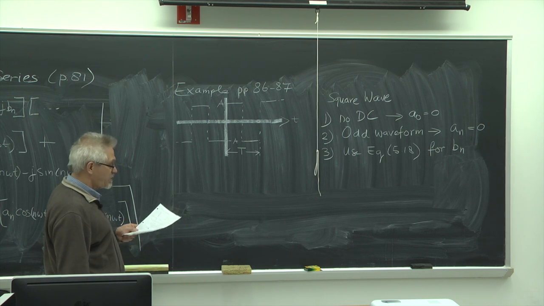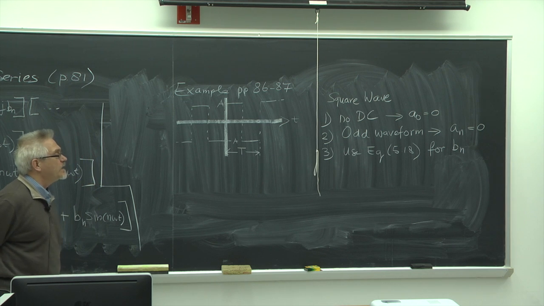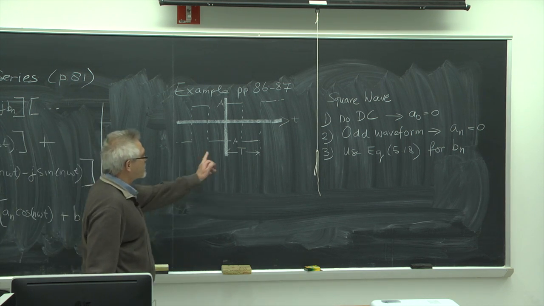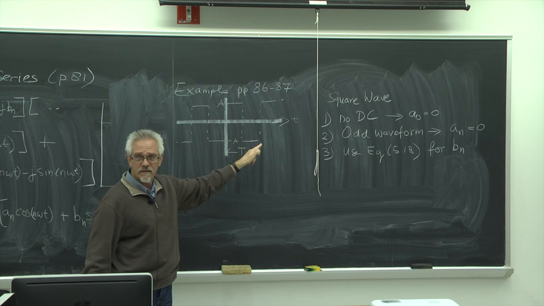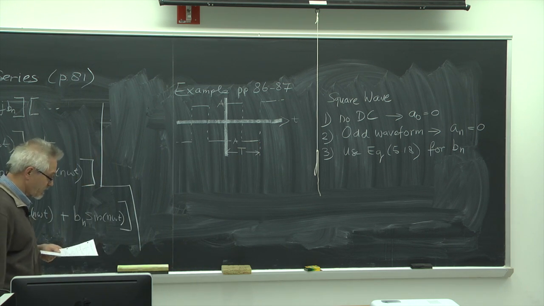And what we will do is we will use that equation 5.18 for Bn, but we will split it in two pieces. That is because over the one period I basically have two pieces of my waveform. I have a piece that is plus A, and I have a piece that's minus A. And so it's practical to split that.